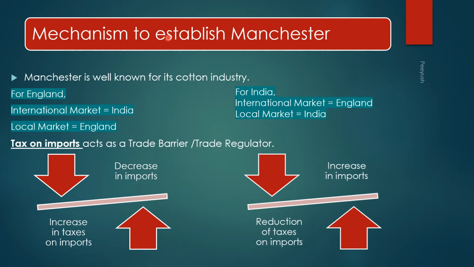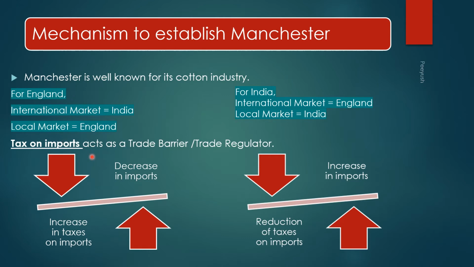Now the mechanism is the tax on imports. This is extremely important to understand. Tax on imports acts as a trade barrier or trade regulator. A regulator is used to increase or decrease something. Similarly, tax on imports is the most important example of a trade barrier.